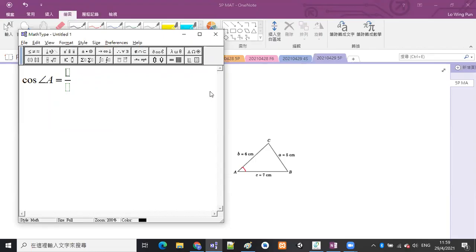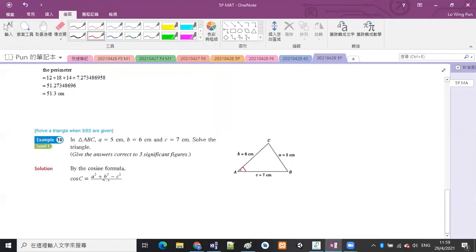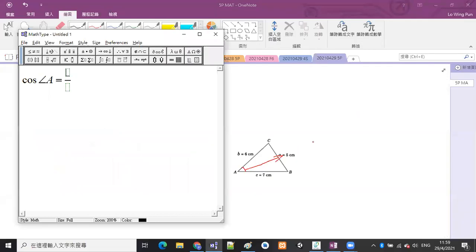Can you see this? The angle is looking at this 5 cm. So the minus should be 5 square here.